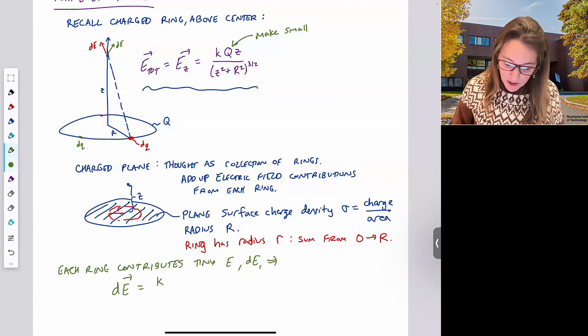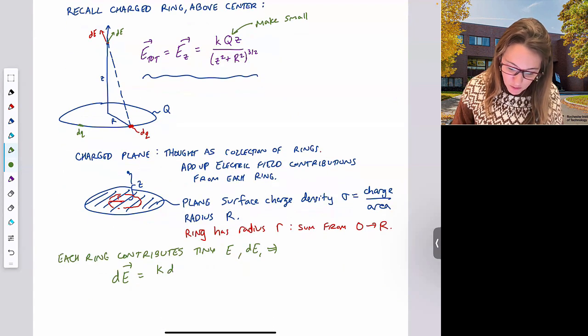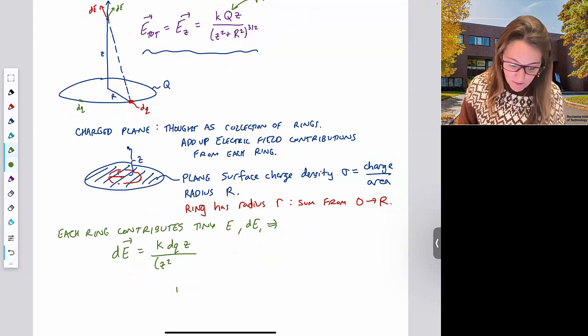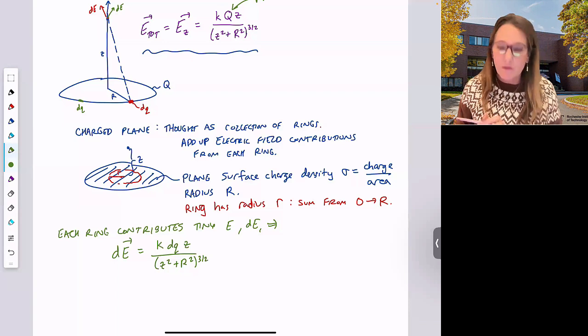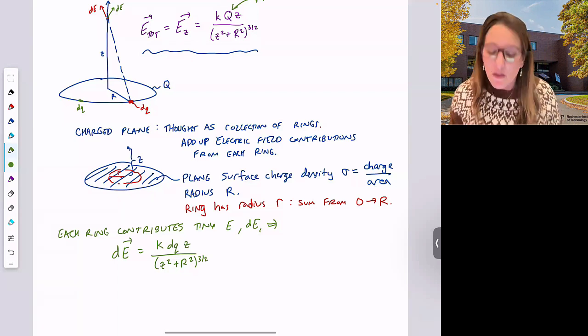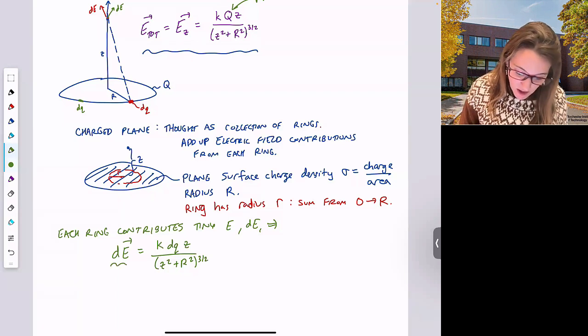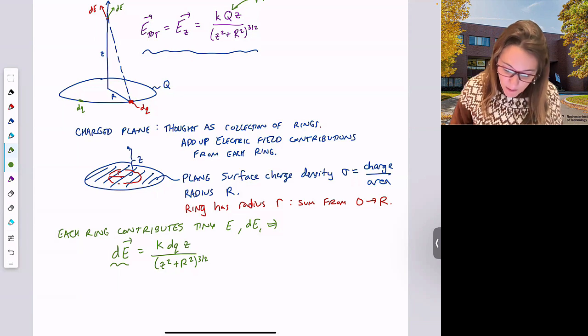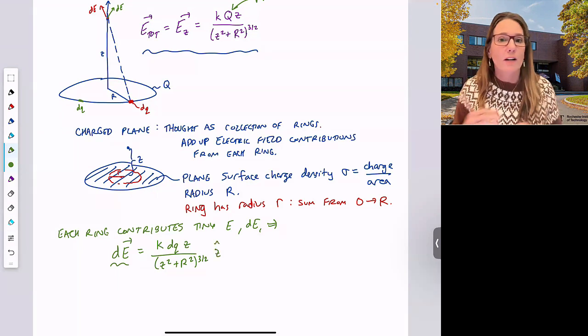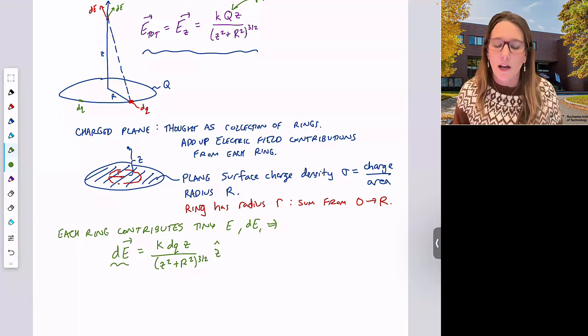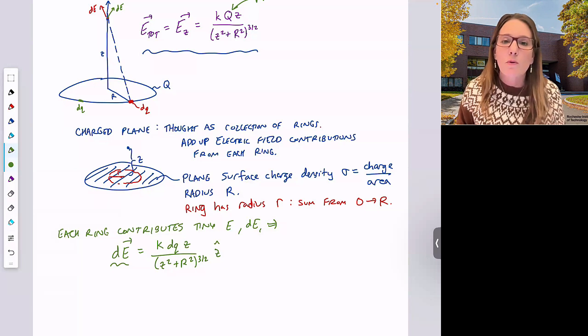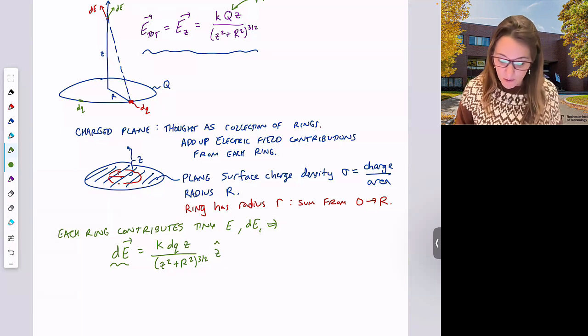And so that's going to end up being k dQ times z over (z squared plus r squared) to the 3/2. And so that's now our tiny contribution from each ring, in our z hat direction. We've already done the symmetry when we did that ring problem. And now we want to add all of these up.